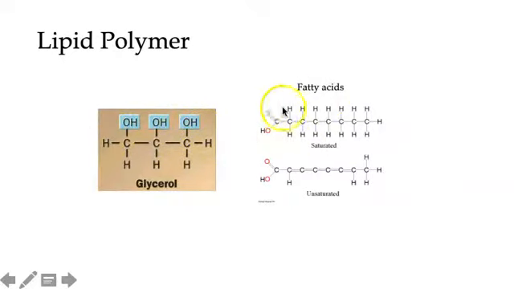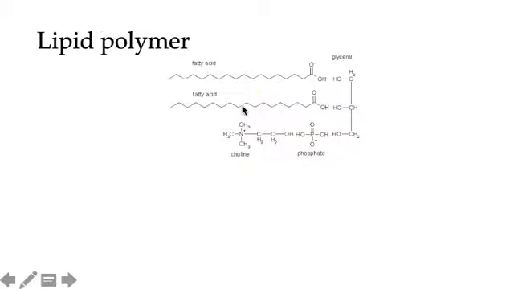And then each fatty acid has a carboxylic acid. So just like we saw before with proteins, when you bring these two things together, if you remove a water, you can actually have that oxygen sticky end attached to that carbon sticky end. And that's how you build up something called a lipid. So here's just kind of an example of one kind of lipid.